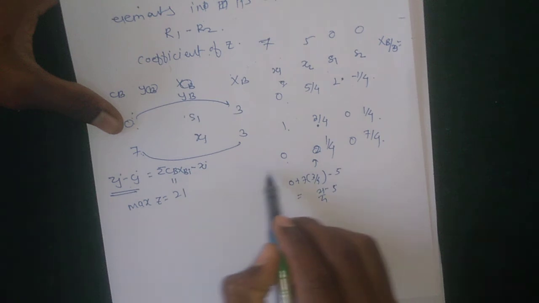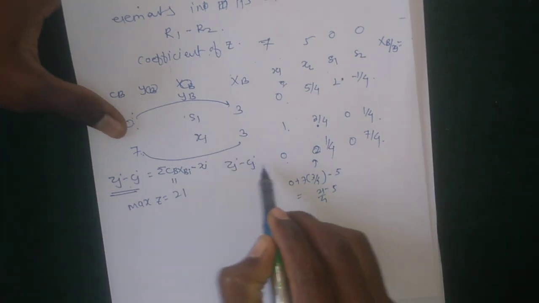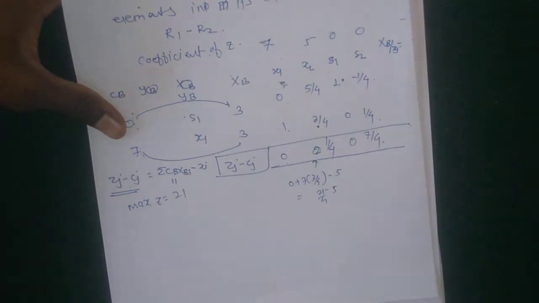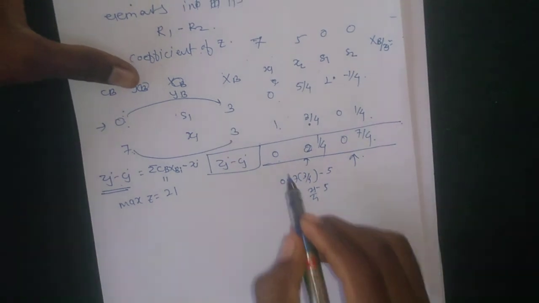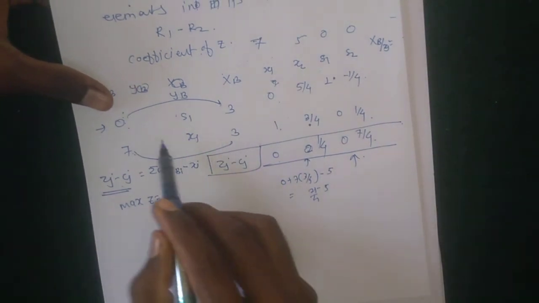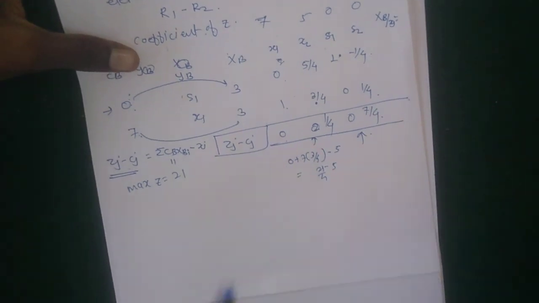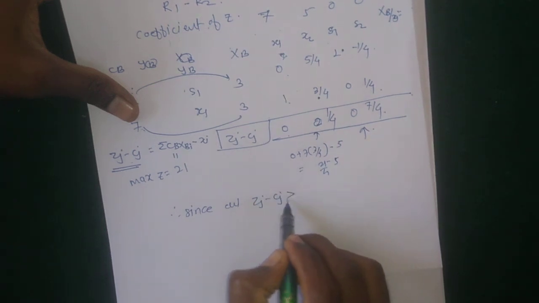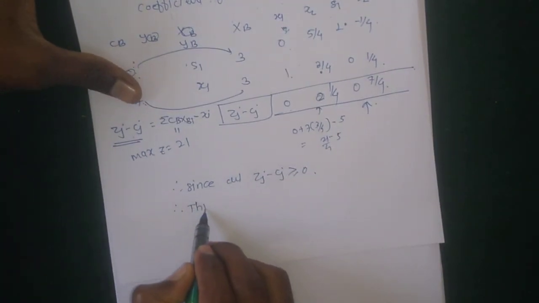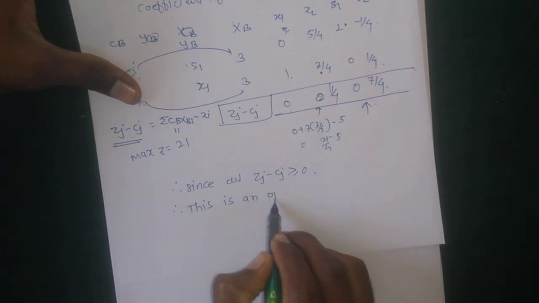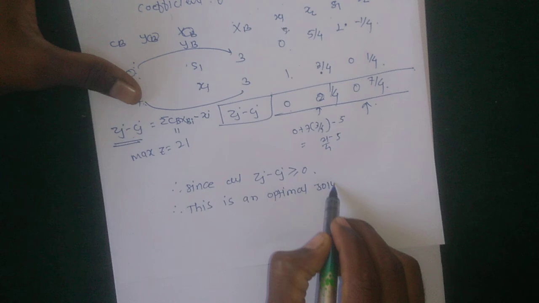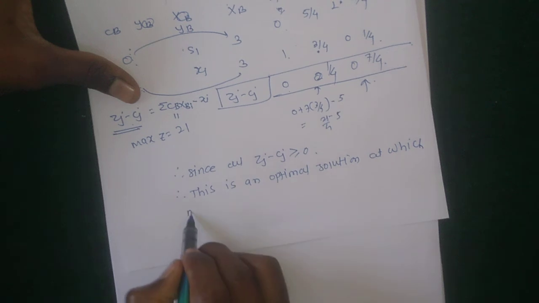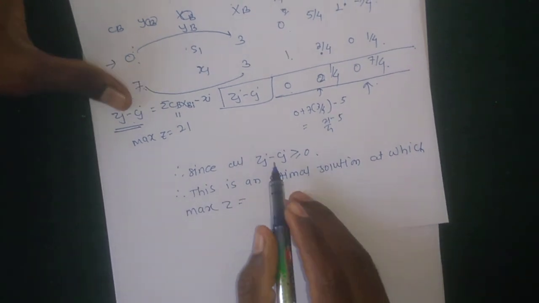Okay, so all this column is zj minus cj. All are greater than or equal to 0, and therefore, since all zj minus cj are greater equal 0, this is an optimal solution, at which the value of maximum z is equal to summation of cb xb.